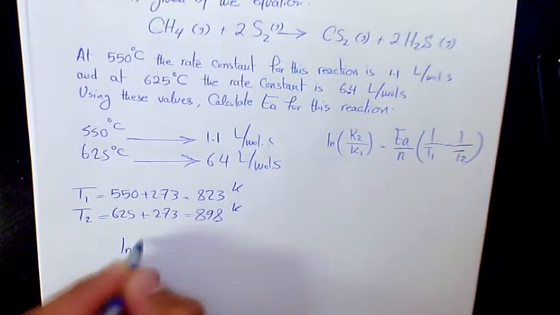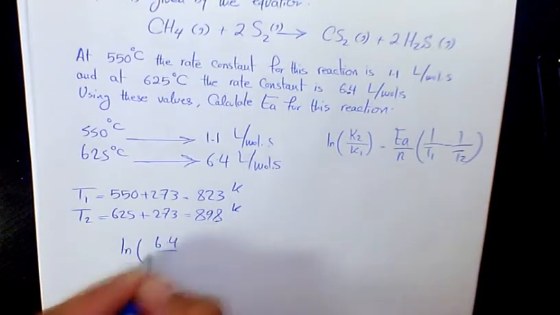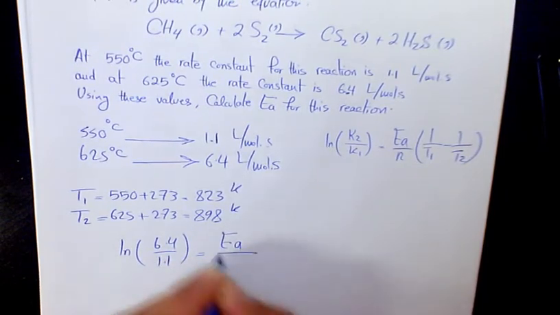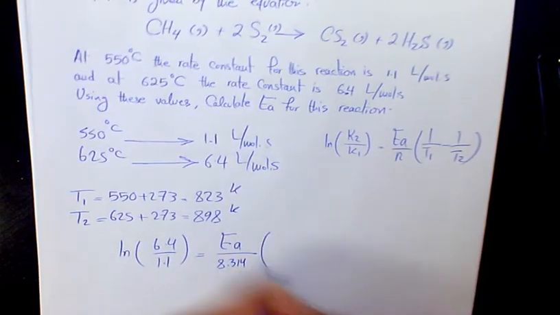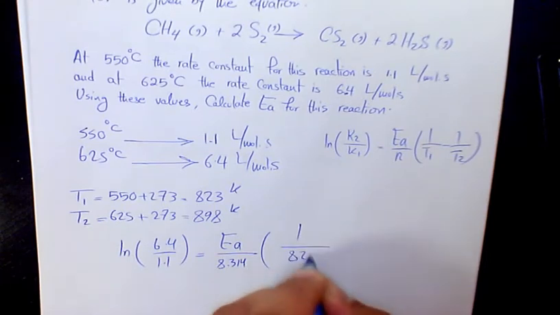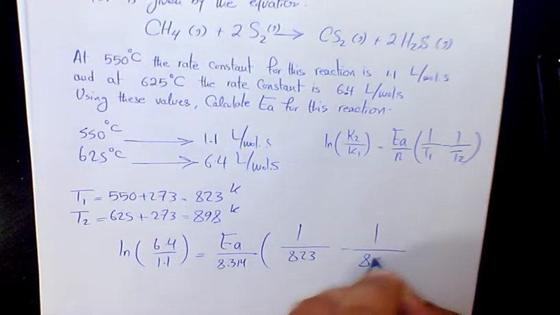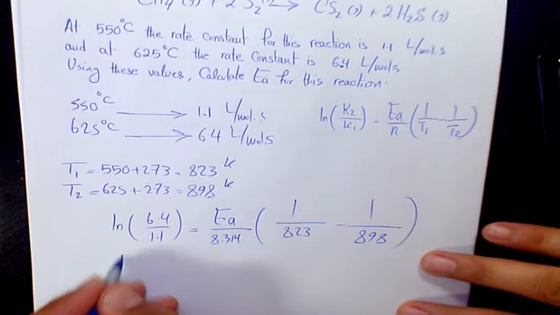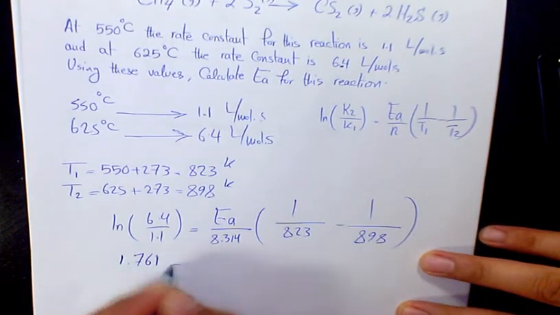This ln K2 is 6.4, K1 is 1.1, equals EA over 8.314 times 1 over 823 minus 1 over 898. So ln of 6.4 divided by 1.1 is going to be 1.761.